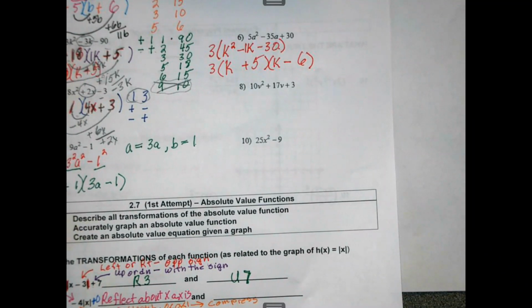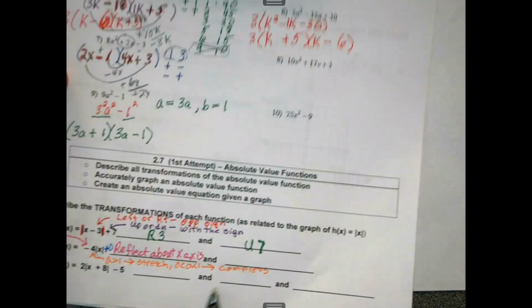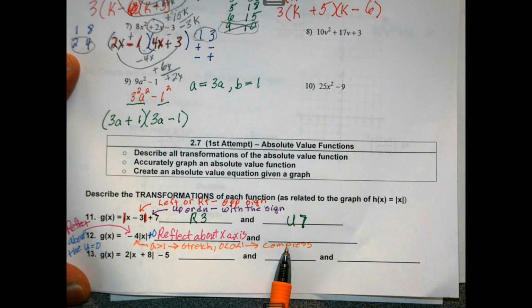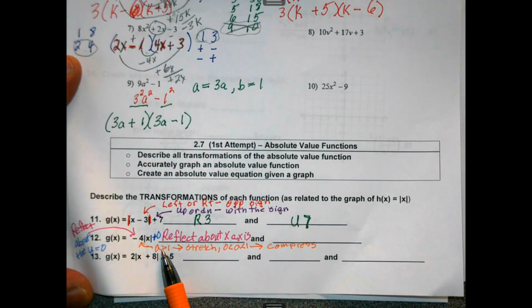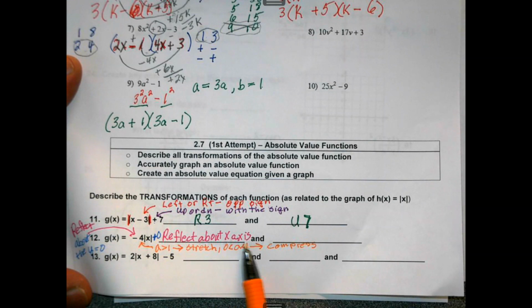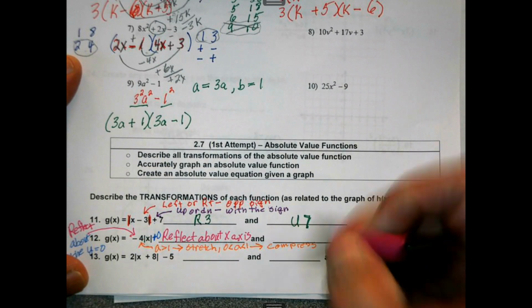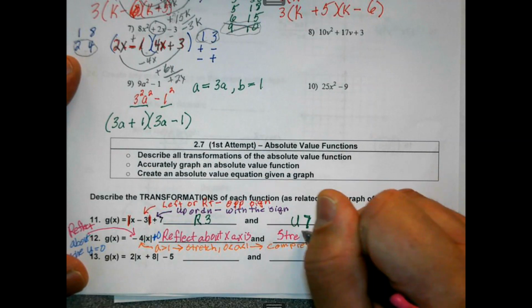And it's got to be less than 1. So a fraction like 5/3 isn't going to work, because it's greater than 1. 2/3 would work. It would be compressed because it's between 0 and 1. So I'm looking at this 4. That means it's going to stretch by 4.